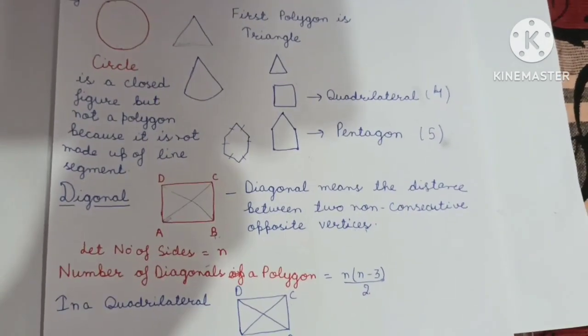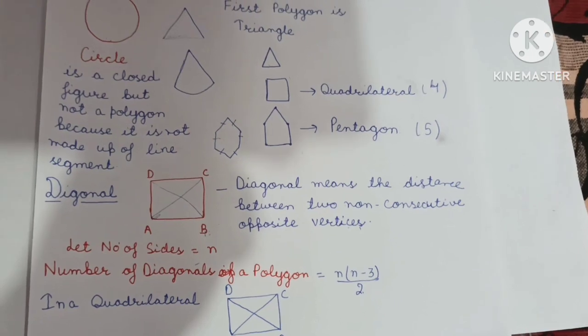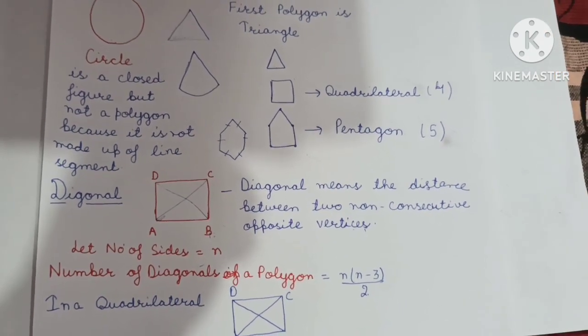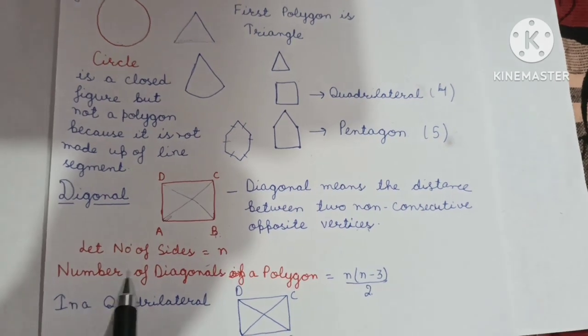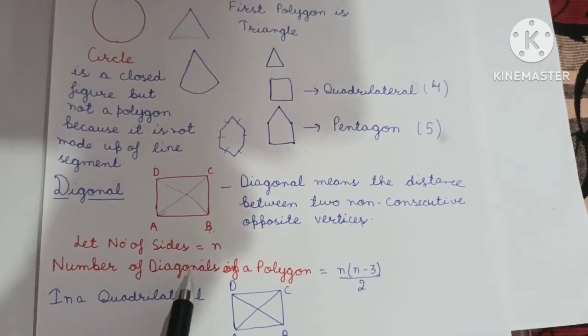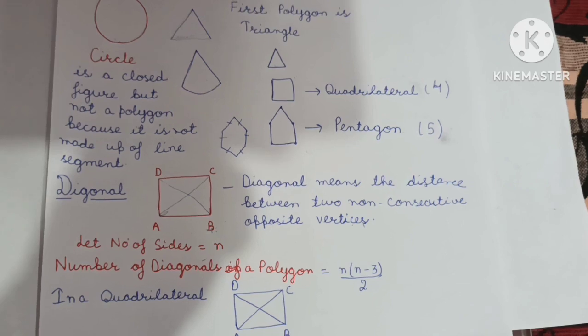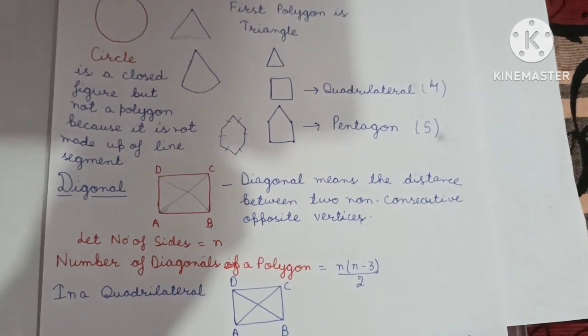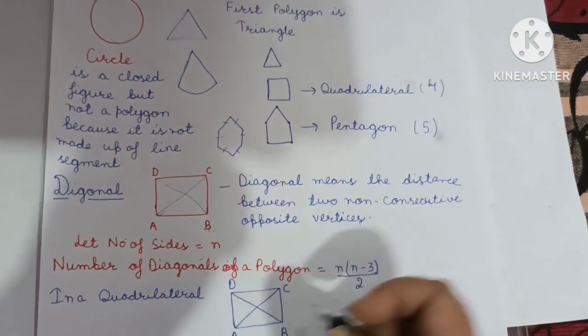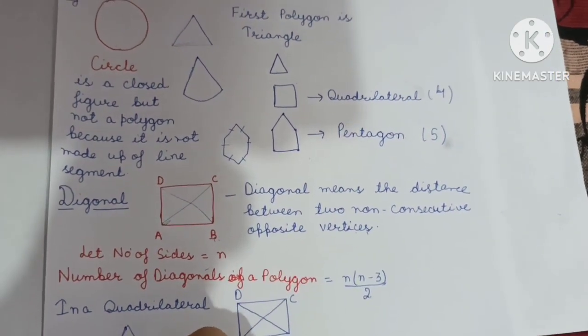So I am going to discuss the formulas related to the diagonal. The first is, I am taking the number of sides as n. How many diagonals are formed in a polygon? For example, I am taking a polygon having 3 sides, a triangle. How many diagonals?